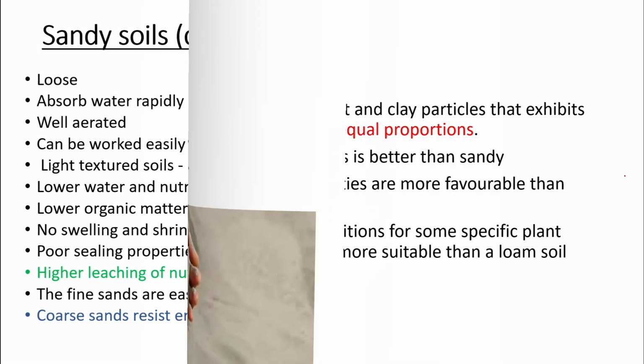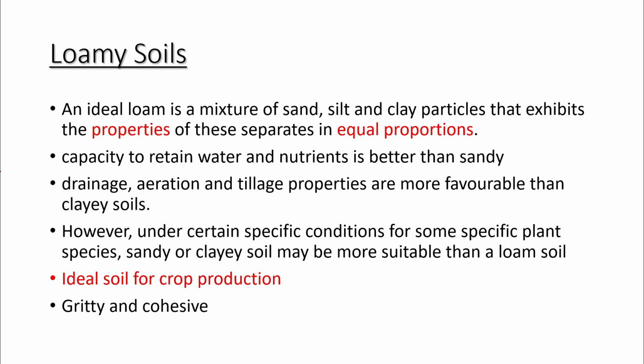Okay. The next, loamy soil. An ideal loam is a mixture of sand, silt, and clay particles that exhibit the properties of each separate in three equal proportions. So loam soil contains a mixture of sand, silt, and clay particles and shows sand property, silt property, and clay property in equal proportion.